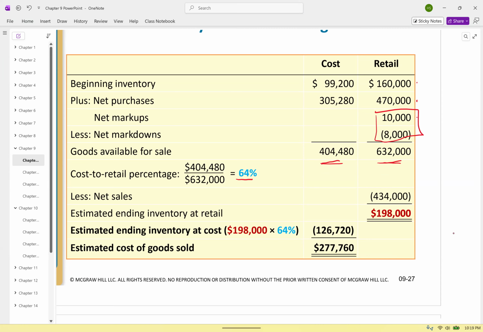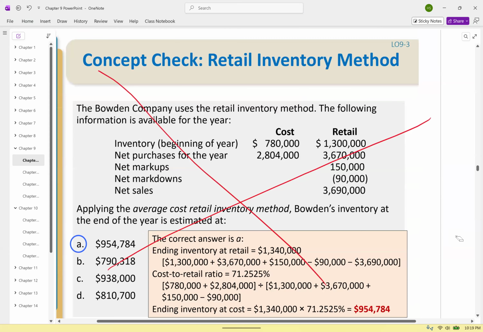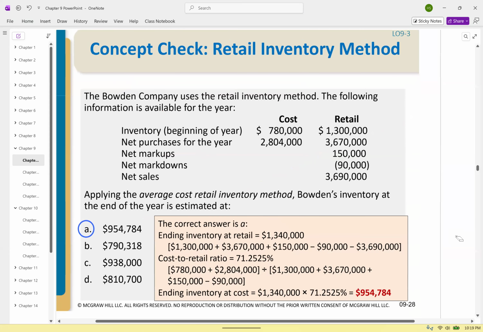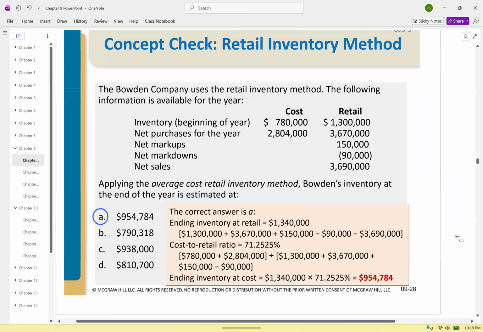And then they take that retail number, multiply it times that percentage to get $126,720. Okay. And then we back into our cost of goods sold, 277,760. Okay. I'm not going to do that. Y'all can work on that when you can pause the video or bring up the PowerPoint slides and work that out.